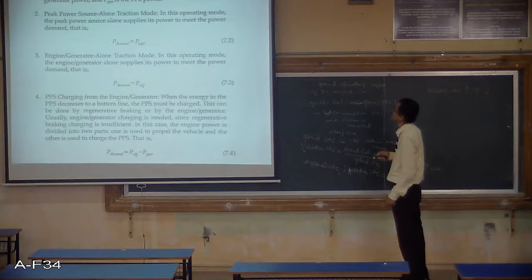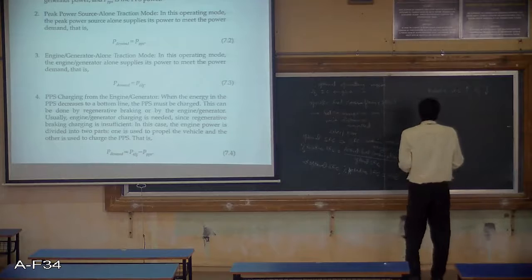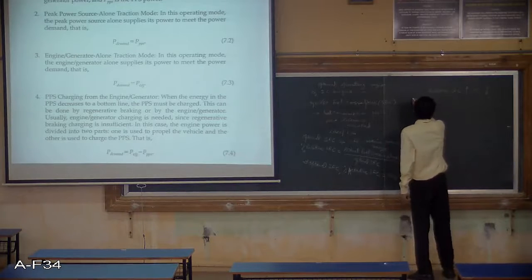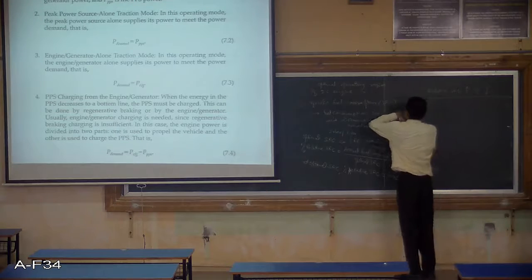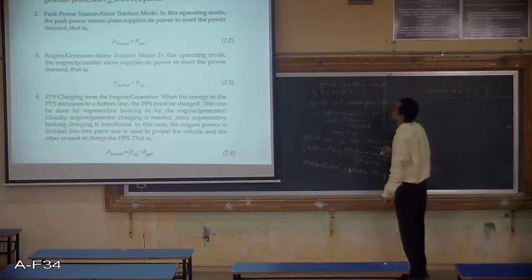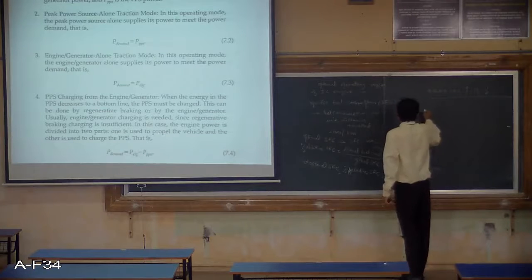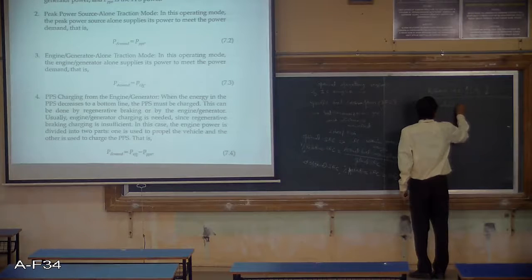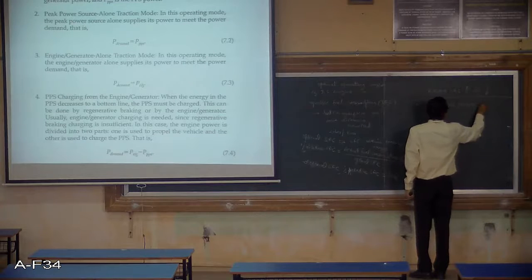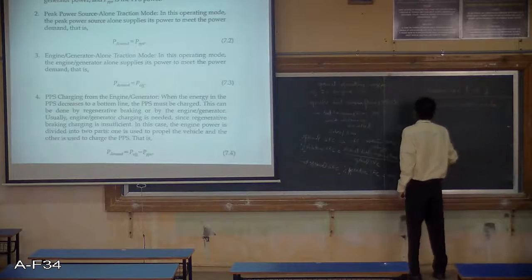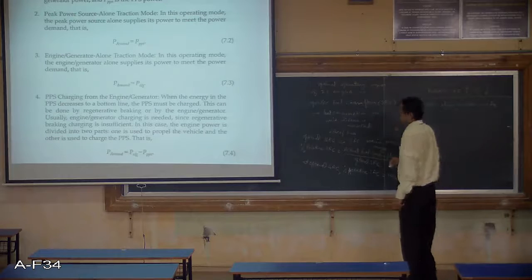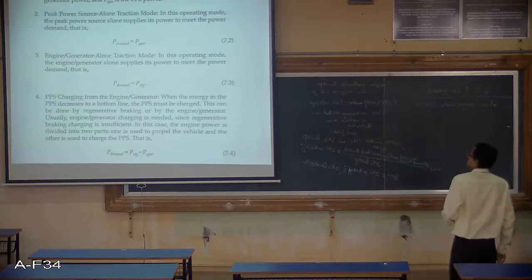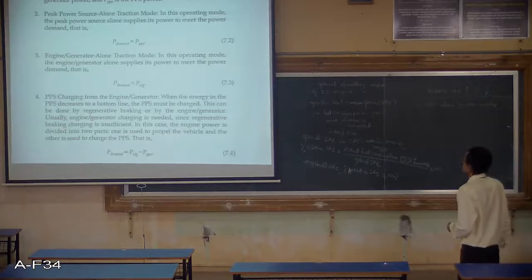Then the next one is peak power source alone traction mode. Second one, PPS alone traction mode. Here the peak power source alone supplies its power to meet the power demand.